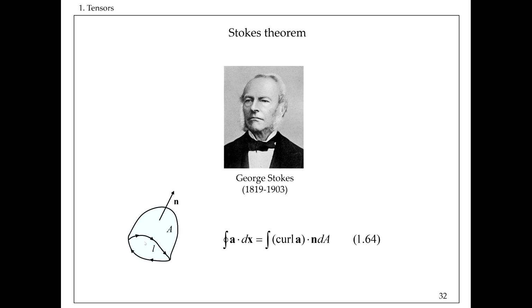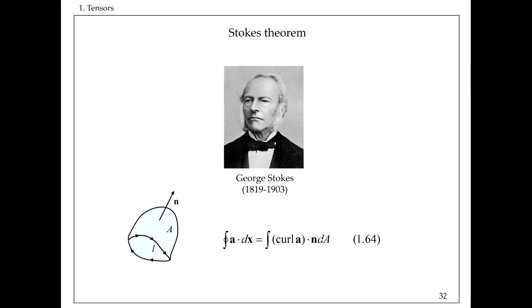And so if we take some arbitrary vector field A and integrate it along this curve, that is the result, the integral over this curve. The Stokes theorem actually allows us to transform it to a surface integral.